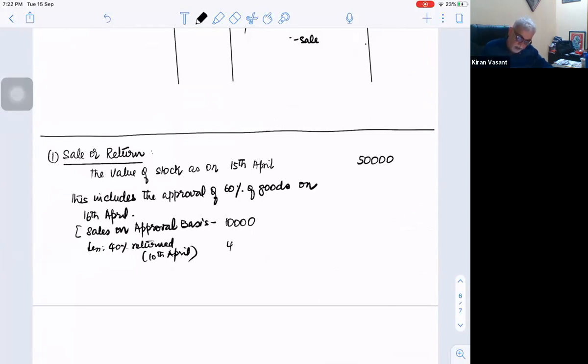Okay, so 4,000. Balance 6,000. Now this 4,000 is there in this 50,000 closing stock, so not to worry. The stock is already included. But this 6,000 is not yet included.